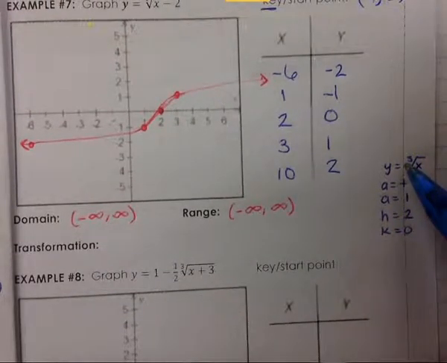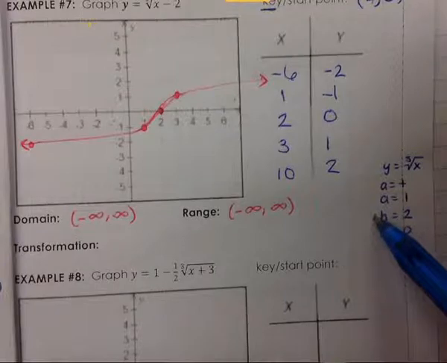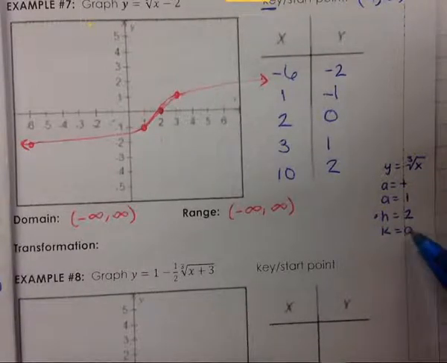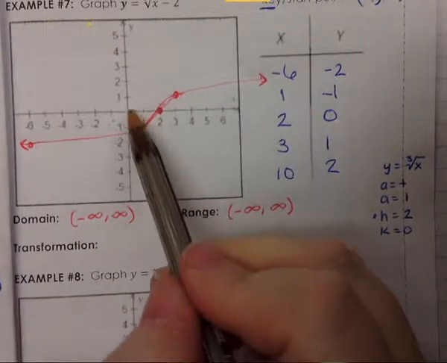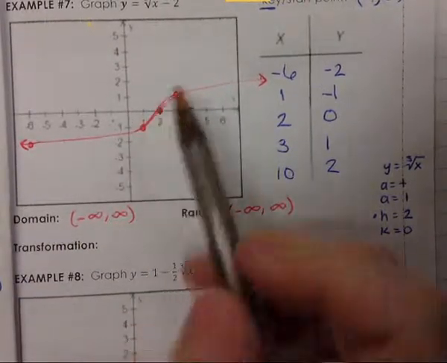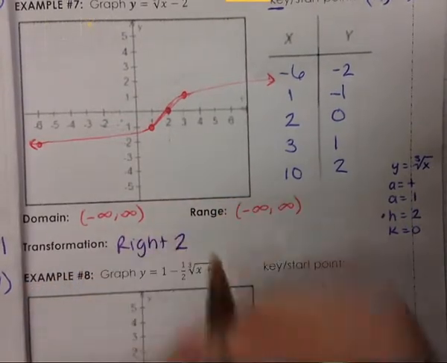So the parent function is positive, positive, so we don't have to do anything there. 1, 1, don't do anything there. 0, 2, so this we have to talk about. And then 0, 0. We don't have to talk about that one. So it's just the h value. So again, to get from 0, 0 to 2, 0, we just went right 2. And that's our transformation.